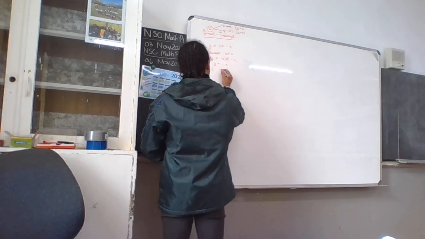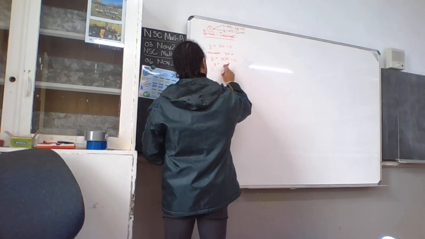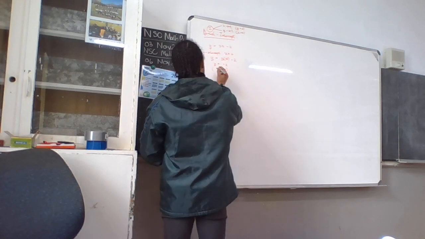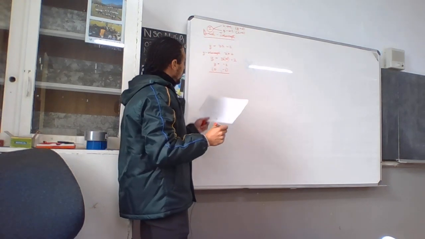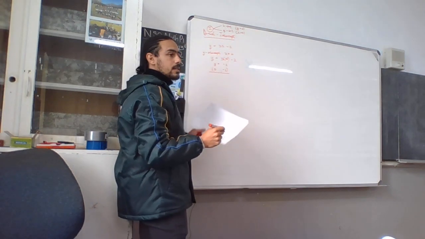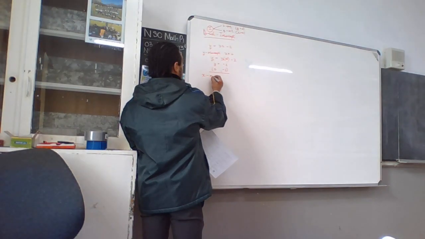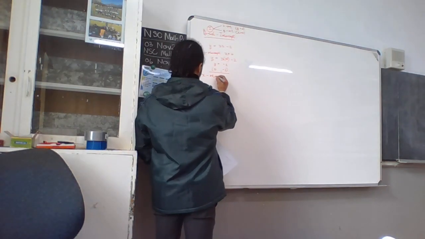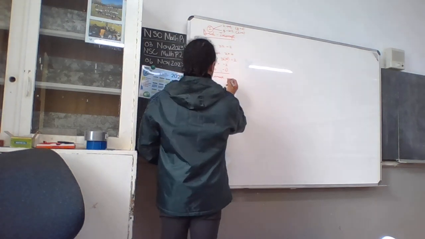Where is my y going to be -2? My y is going to be -2 where my x is equals to 0. And there I have my y-intercept. Alright, now I'm going to determine the x-intercept. How do I determine my x-intercept?